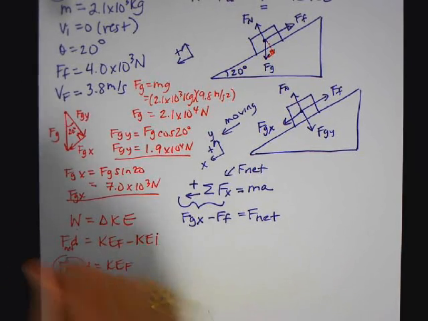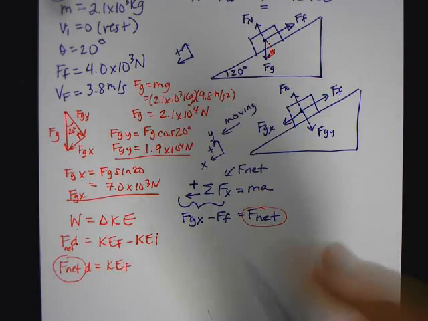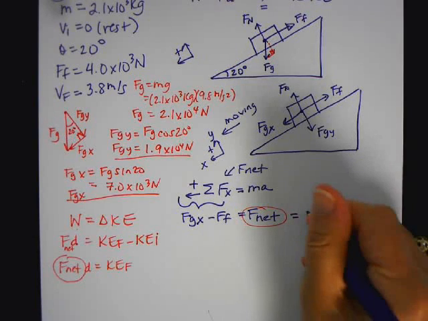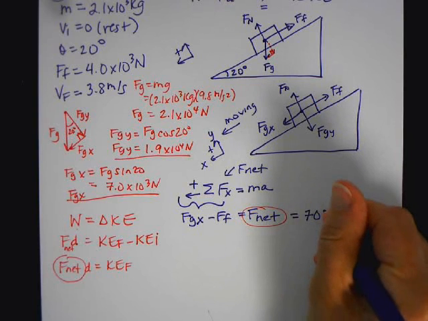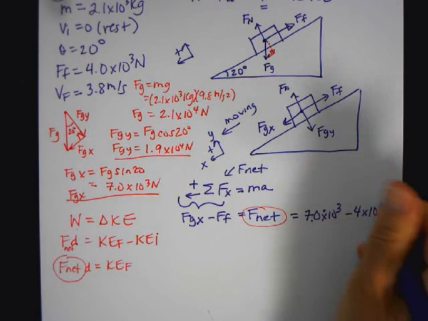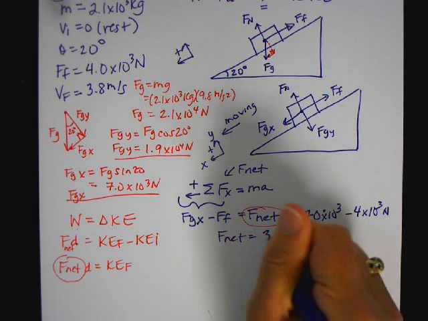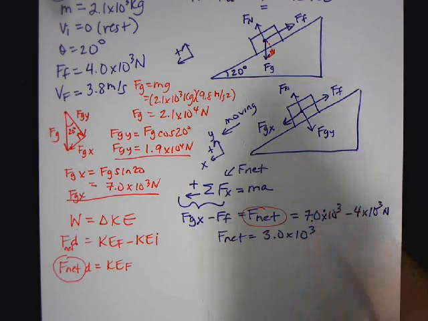So all I really need from here is what this F net is. So my F net is going to be FGX, which is actually 7 times 10 to the 3 minus 4 times 10 to the 3. So F net is equal to 3 times 10 to the 3.